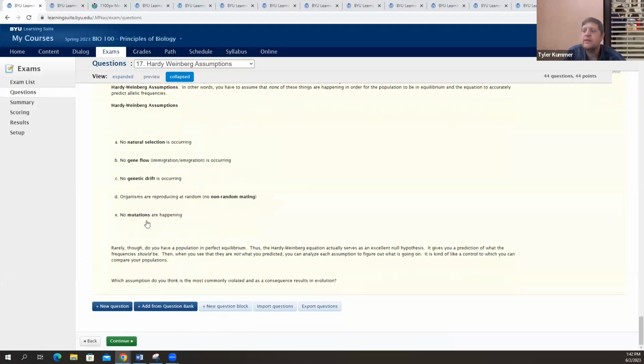And the last one is mutation. Mutations can cause recessive alleles to essentially reemerge. Non-functional alleles is typically how that happens. And so high mutation rates can reintroduce recessive alleles at frequencies that we wouldn't predict, and that would cause a shift in the population too.